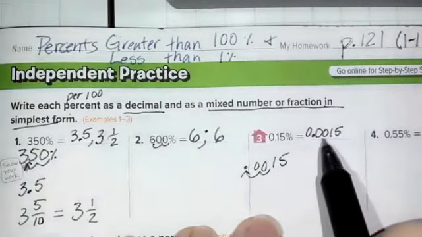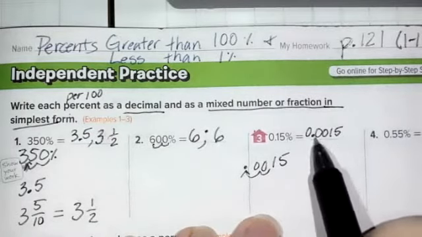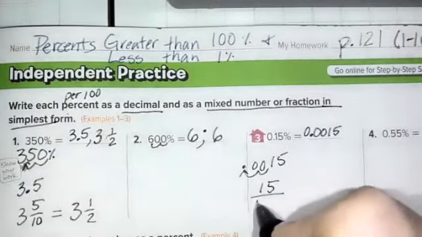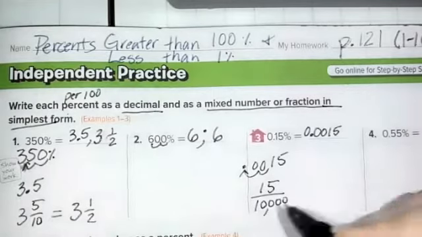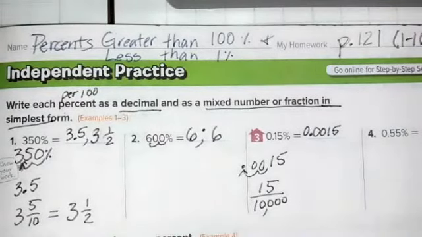So again, when I read this, I read it as 15 because that's the number that I have. And then the 5, the last digit in the number, is in the tenths, hundredths, thousandths, 10,000. So I write it as a fraction as 15 10,000ths. Okay, and then I know GCF from our previous studies.